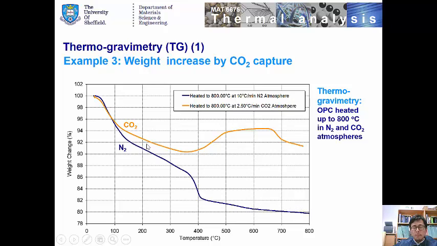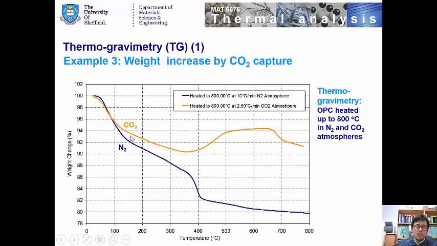On the other hand, when measurement is in carbon dioxide, exact same material behaves quite significantly different. And weight at 450 towards 700, the weight even increases. This is because of the capture of carbon dioxide.